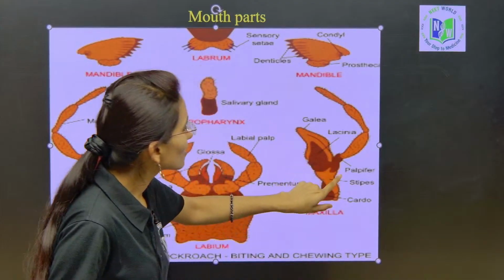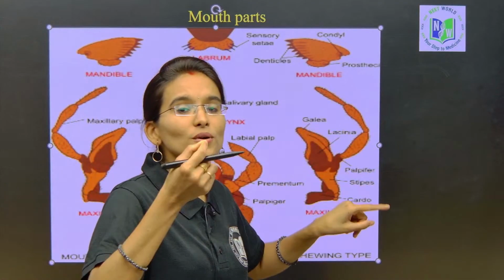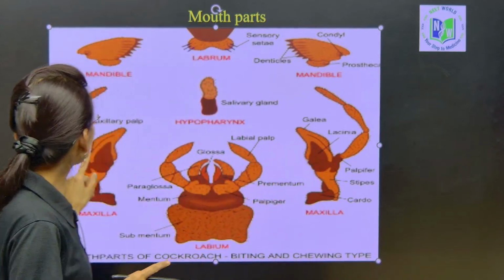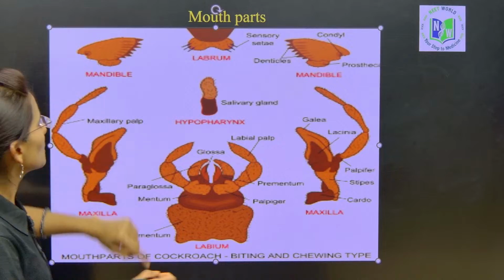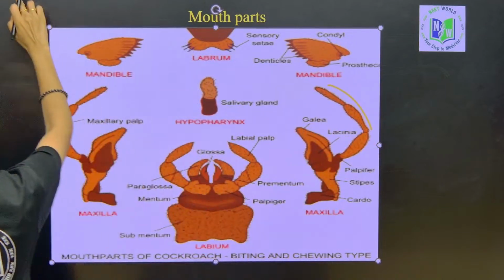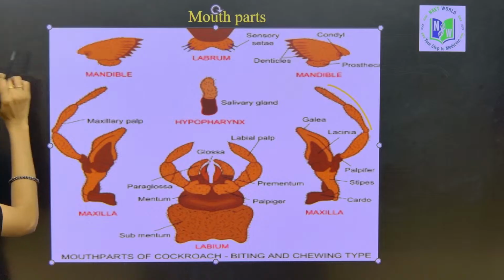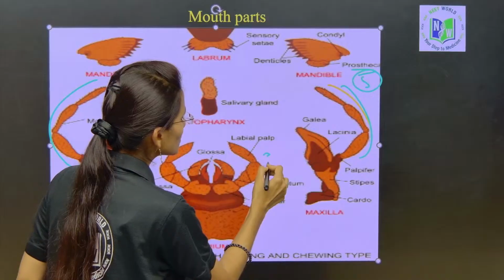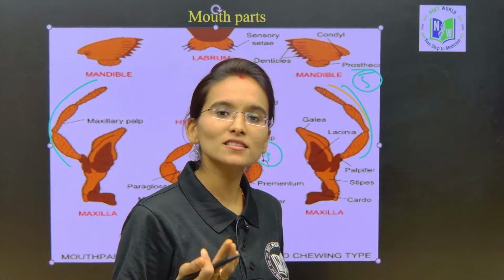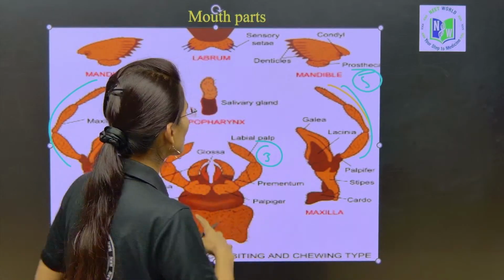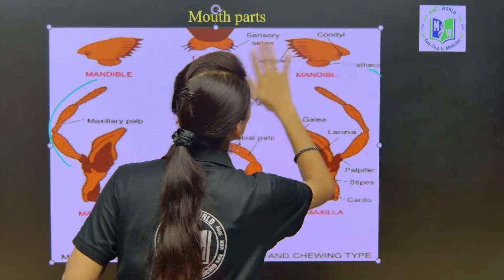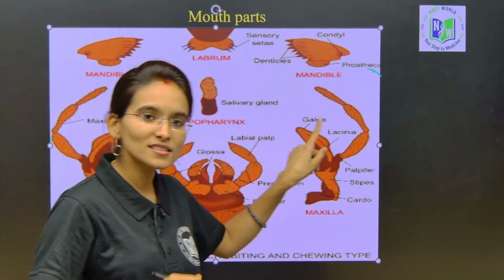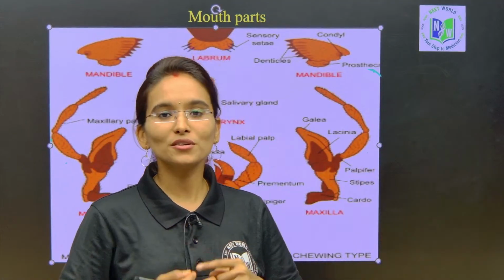When you draw the structure of the maxillary palps, always remember the first maxillary palps are usually 5 pairs in number, and the second maxillary palps are 3 pairs. So, remember each and everything in detail, in depth. These are all the labeling parts; I am just revising you here.